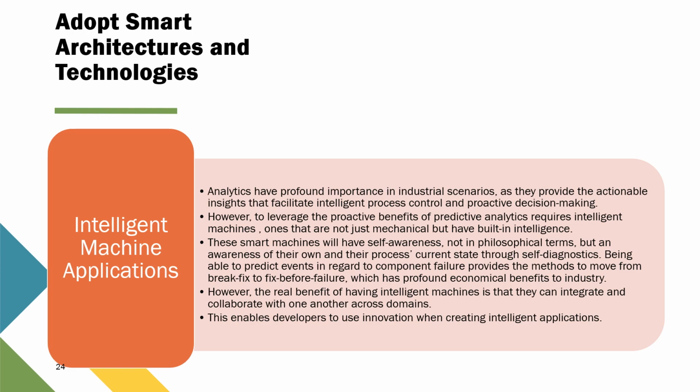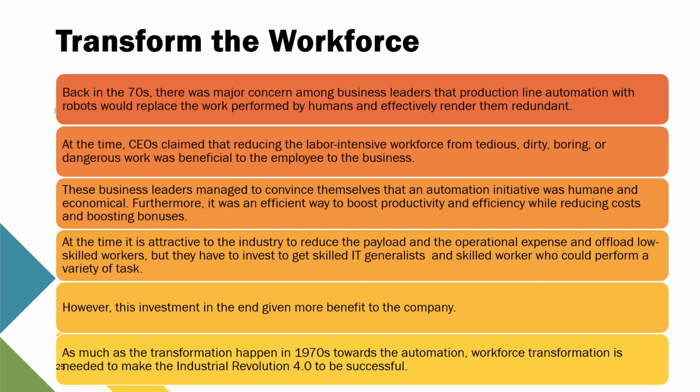The last thing that we are going to look into in digital transformation will be the transformation of the workforce. In the 70s there was doubt when they wanted to change from the normal production line into automation.